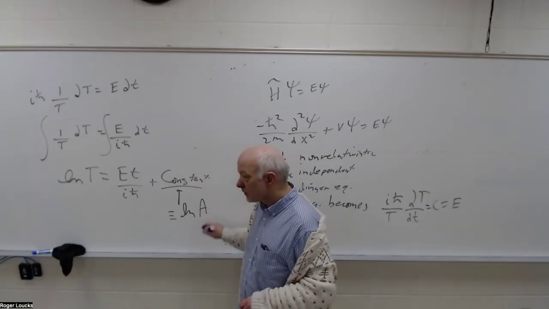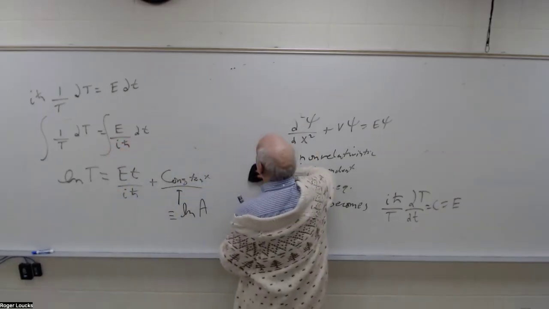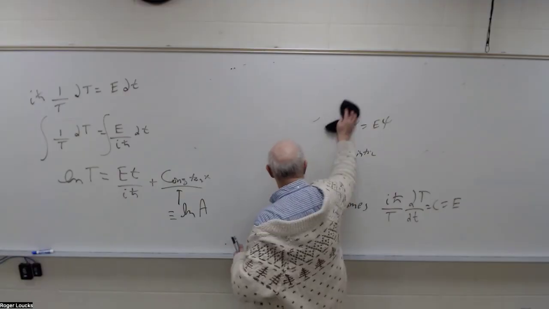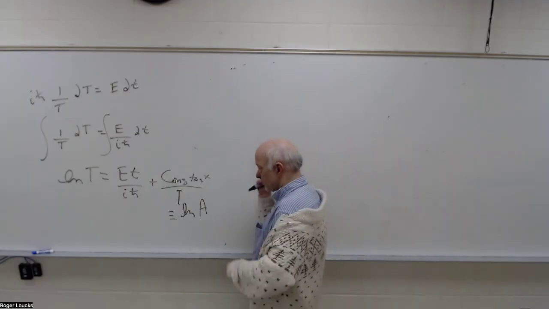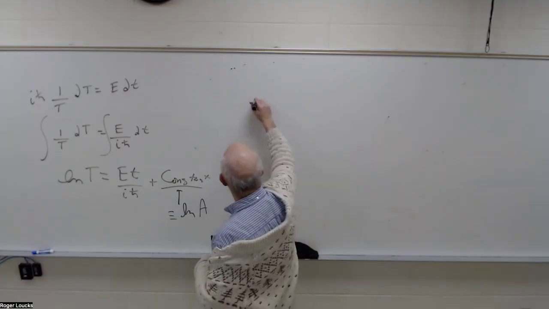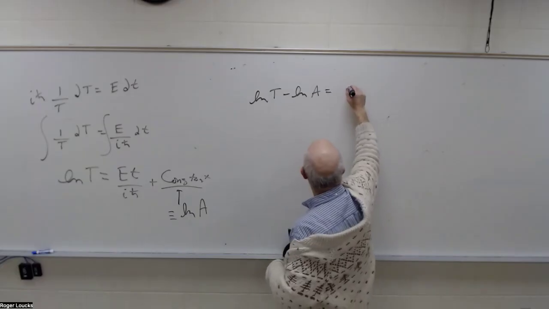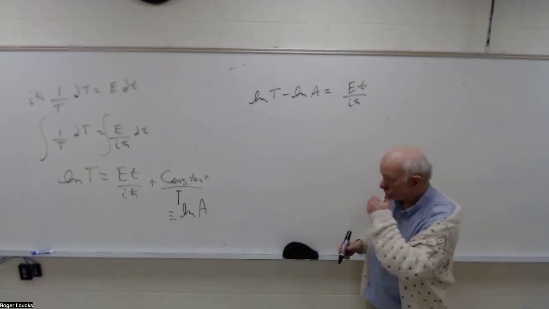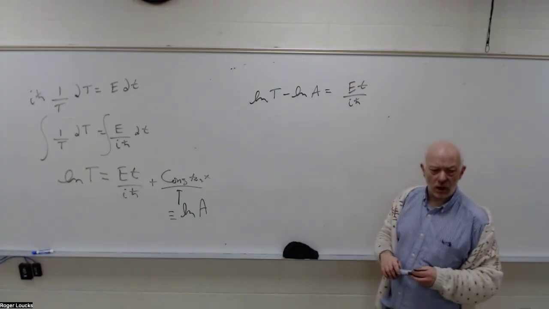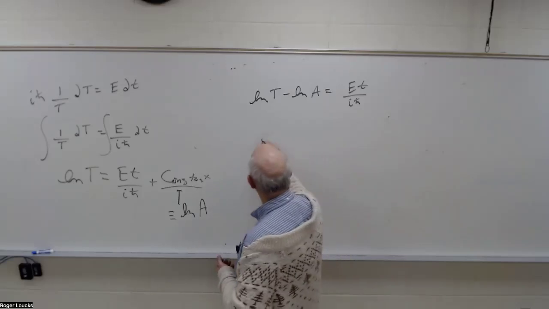A. Log of A. I can say that this is going to be the log of capital T minus the log of A equals Et over iħ. What do I know about the difference of logs? It's the log of the quotient.